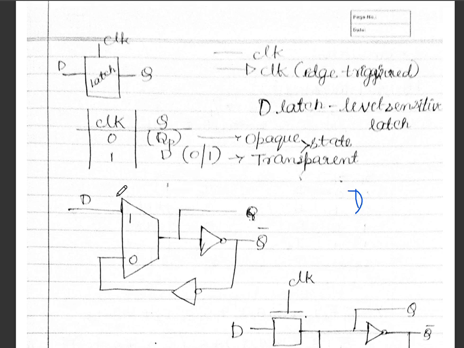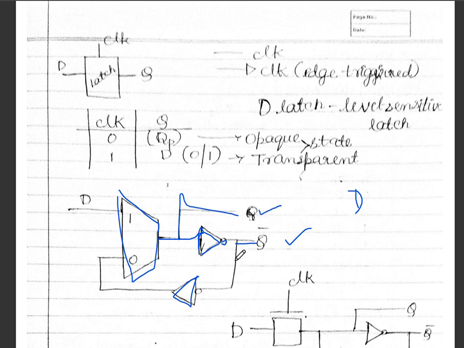So here we have the multiplexer. To the multiplexer we have an inverter gate, and again we have connected another inverter gate. If we take output here, we'll get the complemented output. If we take the output before the inverter gate, we'll get the normal output.